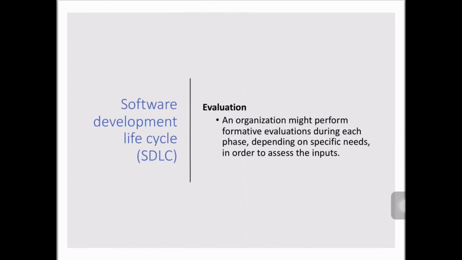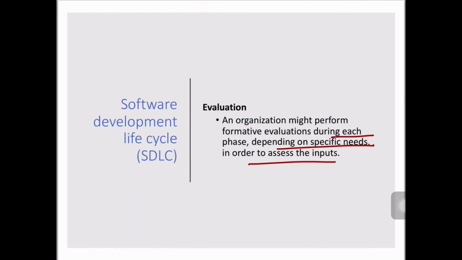Organizations might perform some formative evaluations during each phase depending on the specific need in order to assess the input. So the evaluation process goes with the evolution process. As we move on, we see different errors even before we deploy the software.